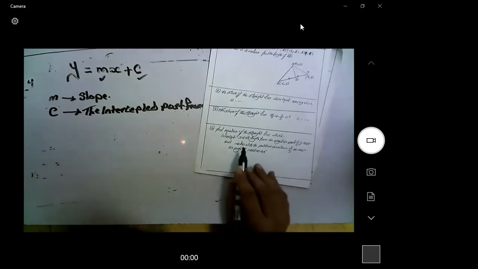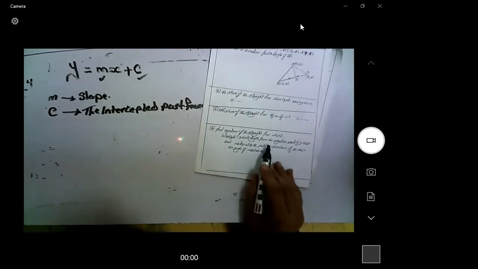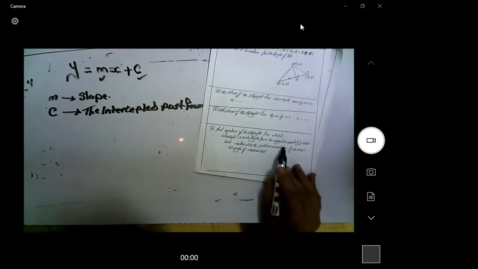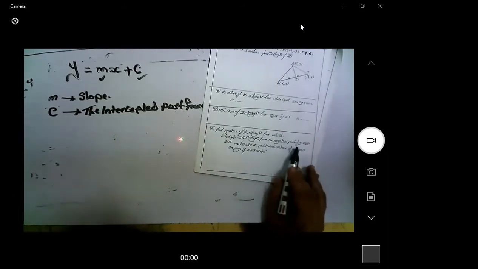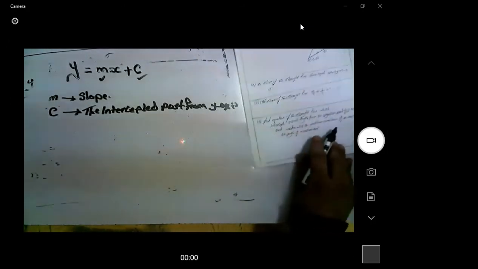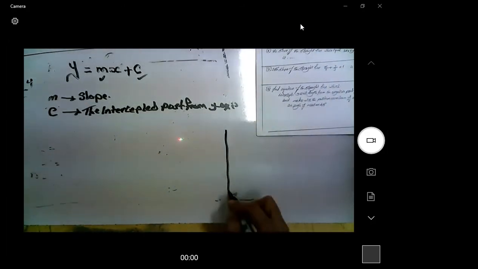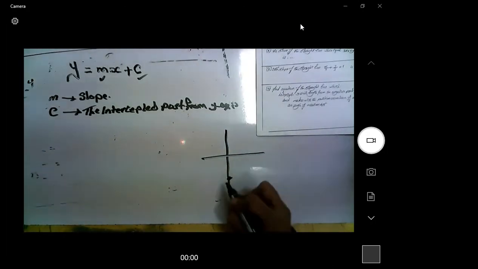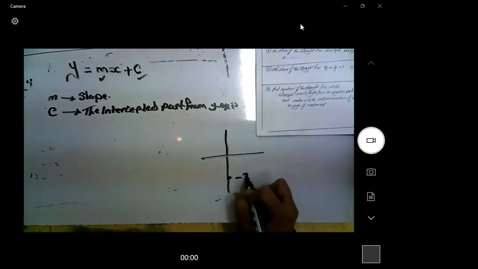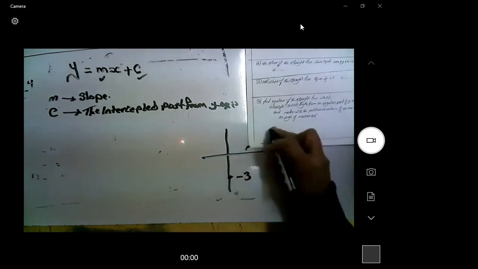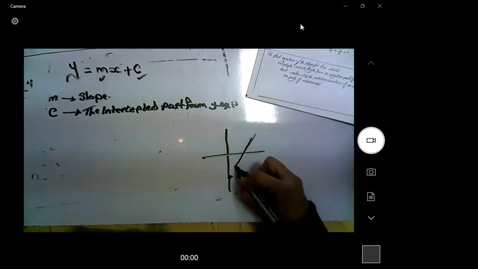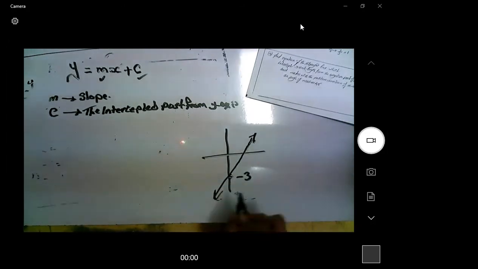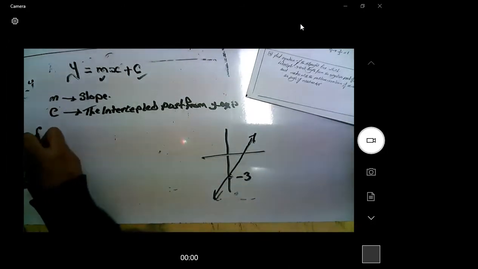Now, the straight line intercepts 3 units from the negative part of the y-axis, then c equals -3.